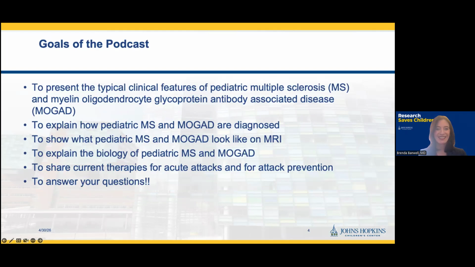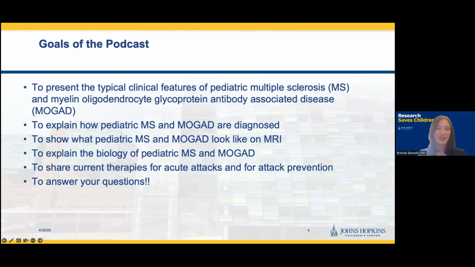Next slide. All right, so our goal of this podcast is to present the typical clinical features of pediatric multiple sclerosis and myelin oligodendrocyte glycoprotein antibody-associated disease, more easily referred to as MOGAD. We will talk about how the diagnosis is made for pediatric MS and MOGAD, and we'll illustrate what each of these conditions look like on imaging.